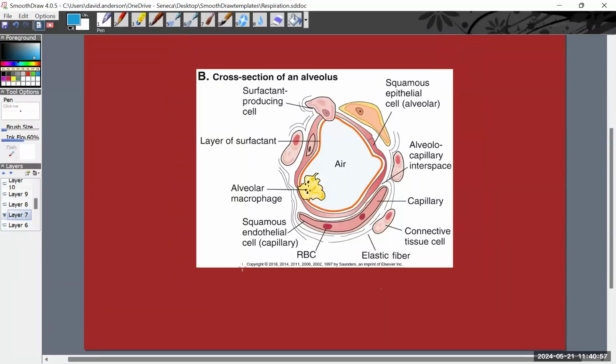So here we can see a cross section of our alveolus. And in this picture here, we can see that the main cell type is going to be this squamous epithelial cell. Our primary, or type 1, let's stay consistent with our terminology here.